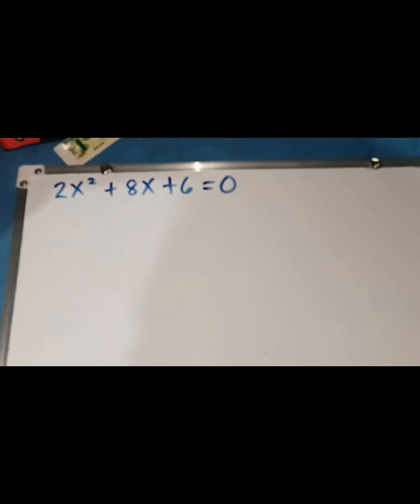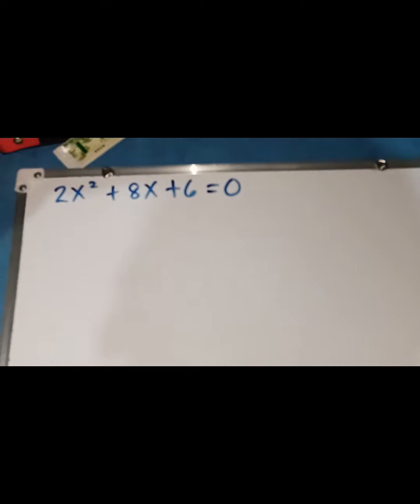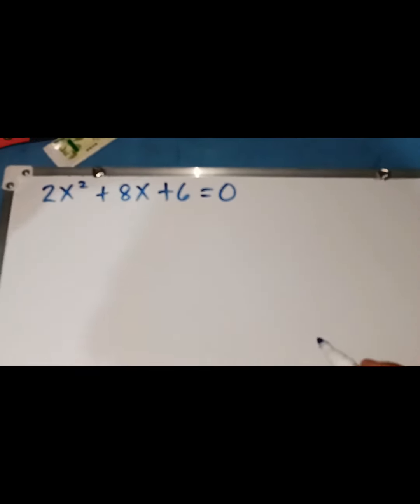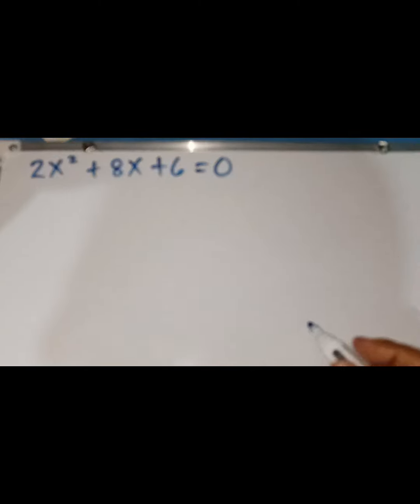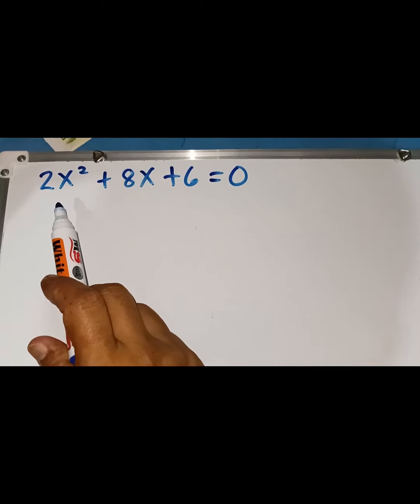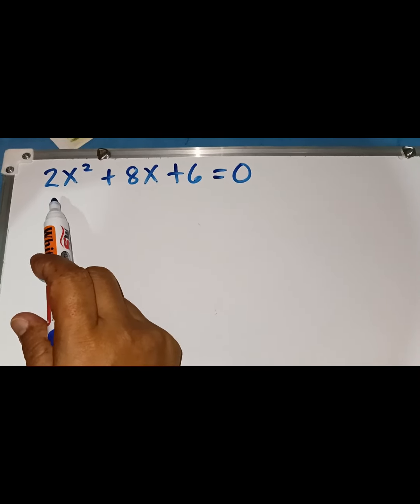Next problem is 2x squared plus 8x plus 6 is equal to 0. First thing to do, if you observe the equation, we have a value of a which is 2.